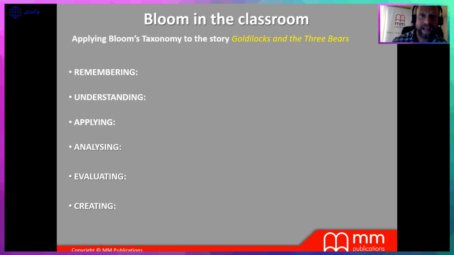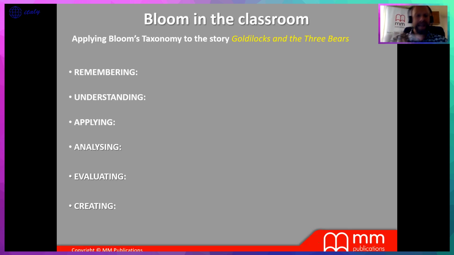Let me give you another example in a story that it's probably well known to a lot of you. Applying Bloom's taxonomy to the story Goldilocks and the Three Bears. Now, I'm pretty sure you're all more or less familiar with this story. Now, over to you.